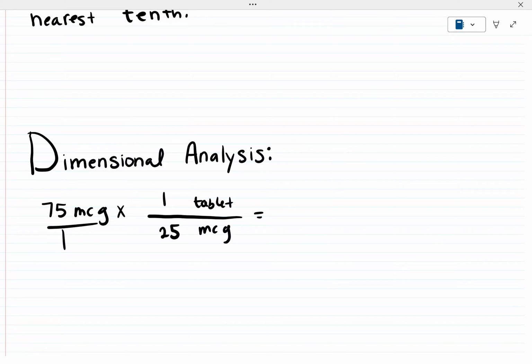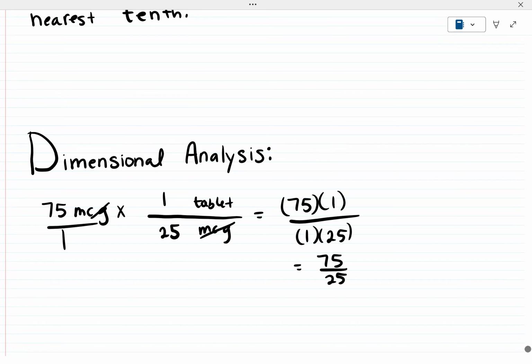As you can see, the mcg cancels. 75 times 1 on top, and on the bottom 1 times 25, so 75 over 25 is equal to 3 tablets. It says round to the nearest tenth, but you don't have to put that trailing zero. 3 tablets is perfect.